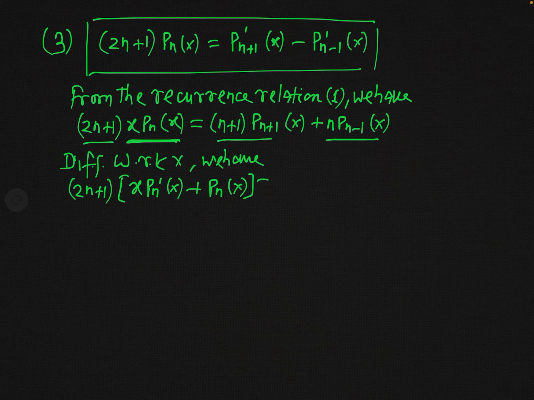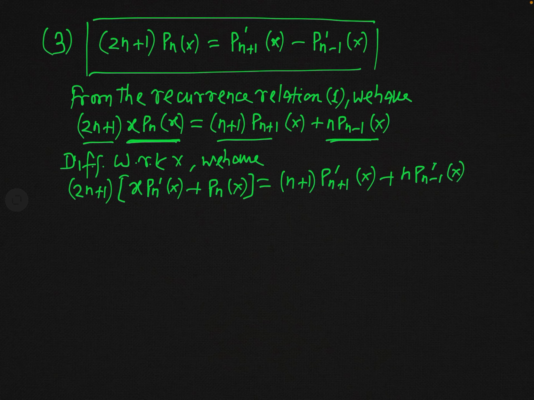In the RHS, n+1 is again a constant factor, so it remains, and the derivative of Pn+1(x) is simply Pn+1'(x), plus in the second term n is a constant factor, so this will be n Pn-1'(x).